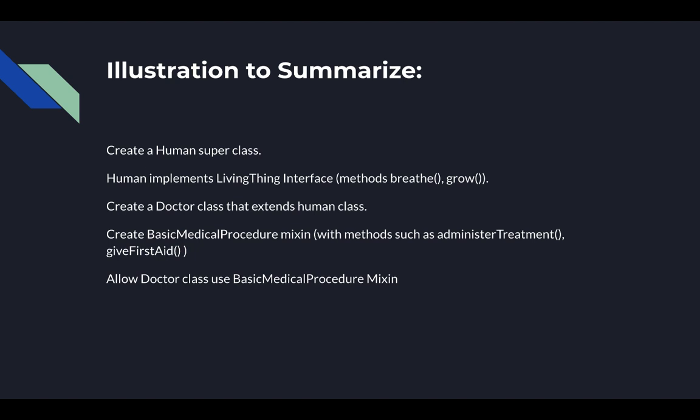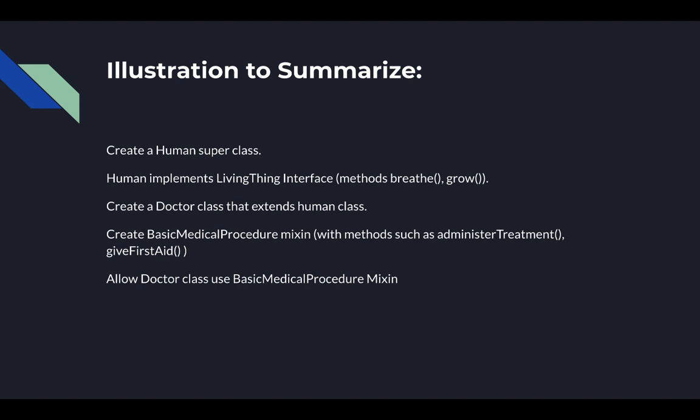You get? So when you are creating a human class, you have to implement the living thing interface, so you have to implement the breathe method for the human. Then if you create a tree class and implement the living thing interface, you have to implement the breathe method for that tree class. Are you with me? So let's go on.